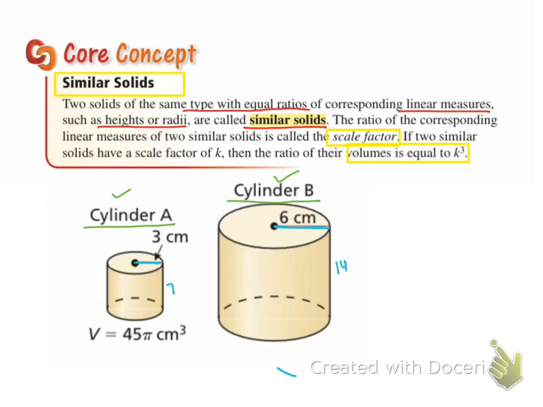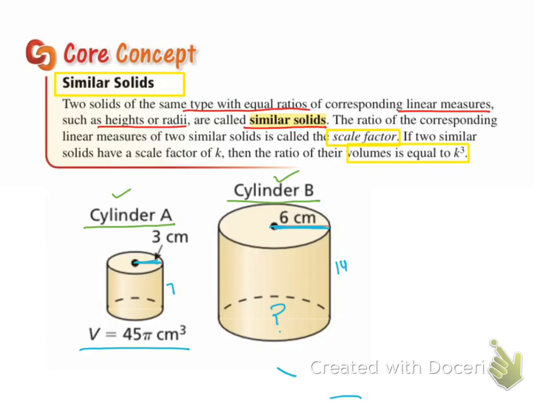If I say the volume of the smaller cylinder is 45 pi centimeters cubed, we have to find the volume of this other cylinder. So we have to know the ratio of their corresponding linear measures, this 6 and 3.